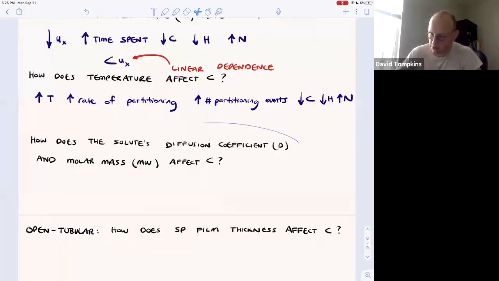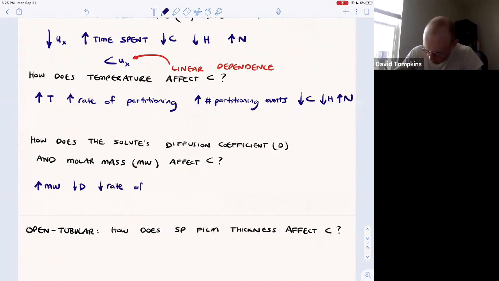Furthermore, we can talk about the diffusion coefficient of the solutes. And that diffusion coefficient, of course, for heavier compounds of higher molecular weight, will be lower. And that means you're going to decrease the rate of partitioning.